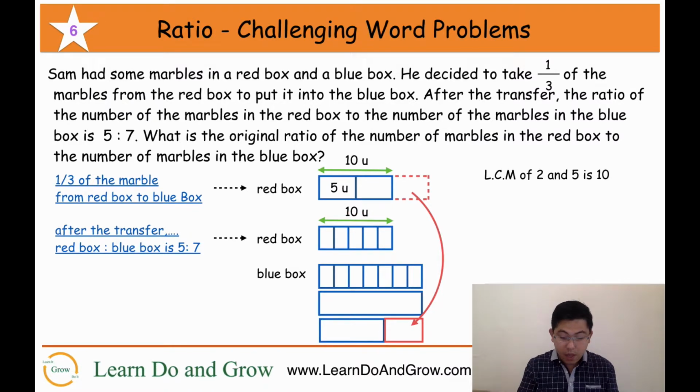So if this is 10 units for 2 parts over here, then 1 part would be 5 units. And similarly, over here 10 units, then 1 part would be 2 units, right? Then we can link back to the blue box.